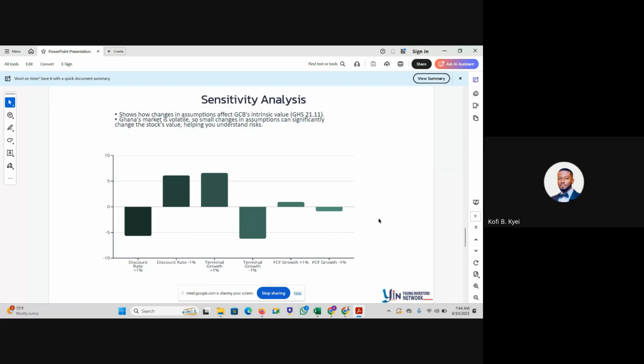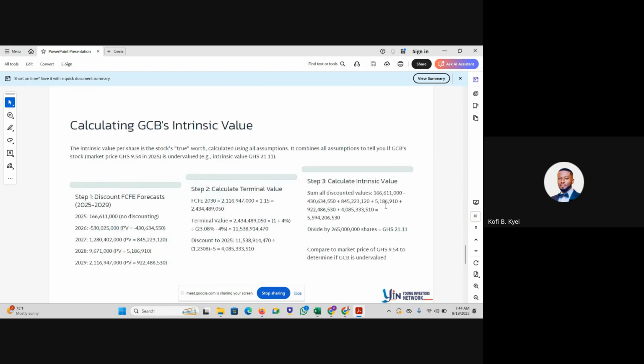We made mention that we'll be doing some sensitivity analysis, where you change some of the rates to see how the intrinsic value responds. The discount rate, you adjust upward and downward; the terminal value, upward and downward; the growth rate, you adjust to see how the intrinsic value will be.